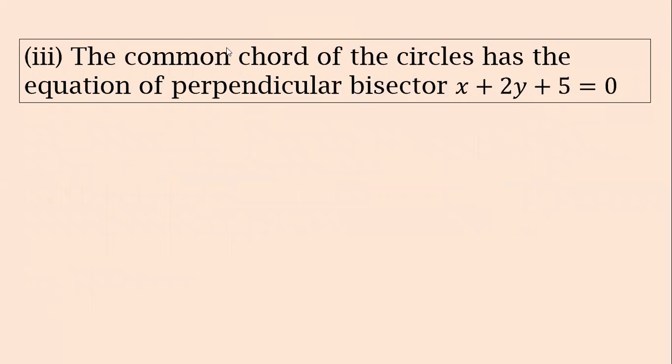Now option 3: the common chord of the circles has the perpendicular bisector with this equation or not. So is this the perpendicular bisector or not? Let us find the perpendicular bisector.